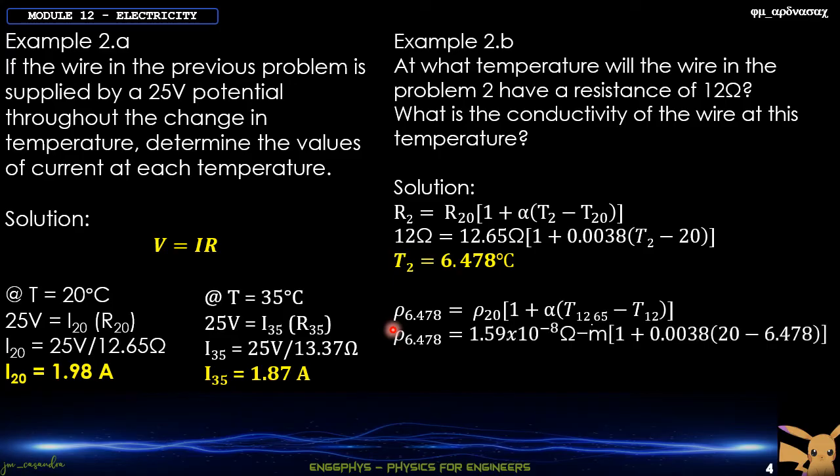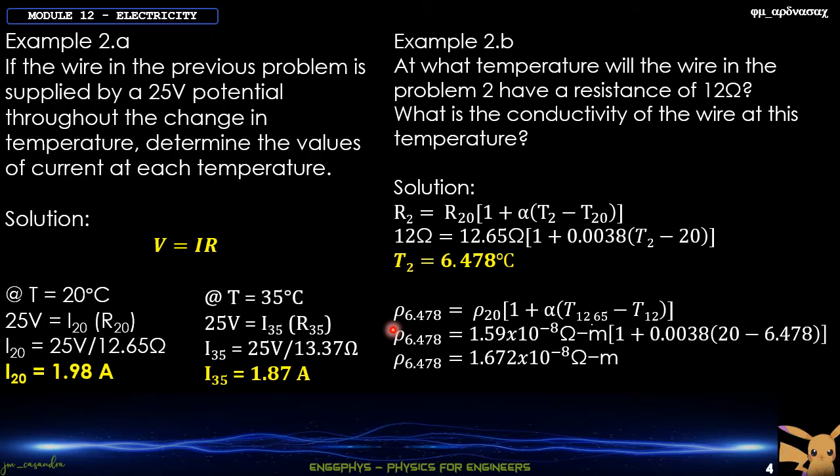The rho 20 is given at 1.59 times 10 raised to negative 8. We have our alpha at 0.0038. The temperature at 12.65 is 20 degrees, and the temperature at 12 ohms is 6.478. So, computing now, we arrive at a resistivity at 6.478 degrees Celsius, which is equal to 1.672 times 10 raised to negative 8 ohm meter.